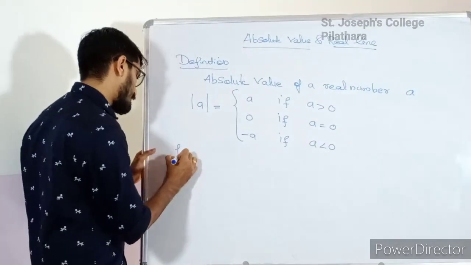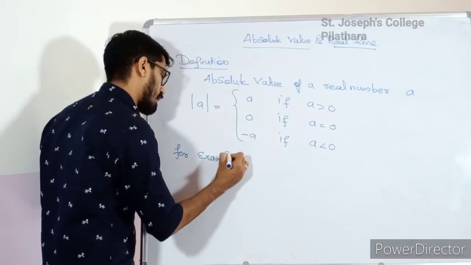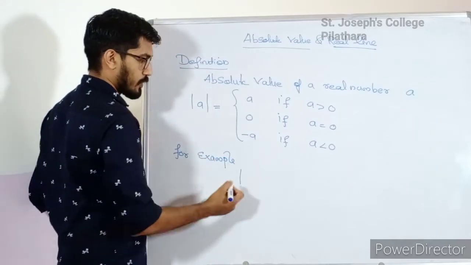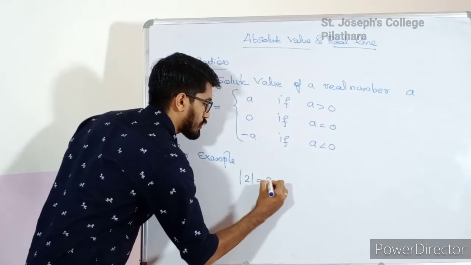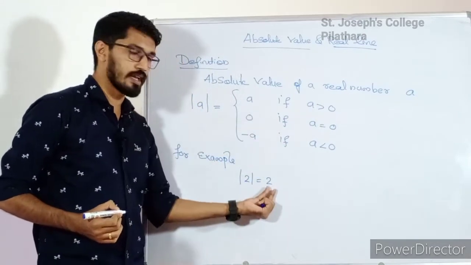For example, the absolute value of 2 is equal to 2. That is, 2 is greater than 0. Therefore, the absolute value is equal to 2.